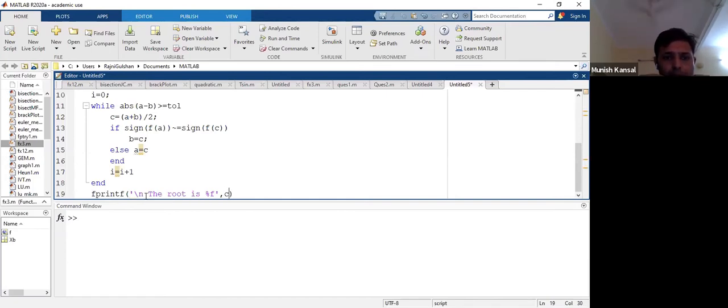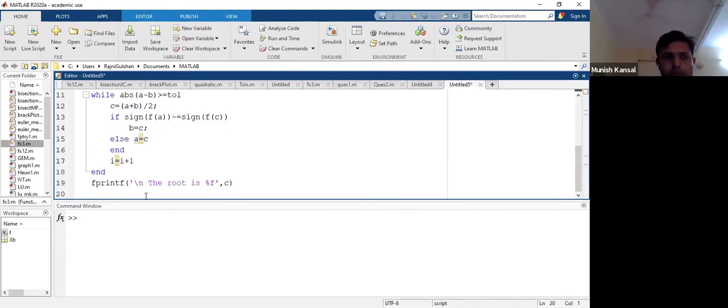At each interval the midpoint is taken to be c. This is getting refined because you are operating the while loop, so it will get refined at each stage whenever you run this loop. So this is the first output that you want to see. You want to see your root after certain stages when the error tolerance is achieved. Now the second thing you want to see, using fprintf, is your number of iterations.